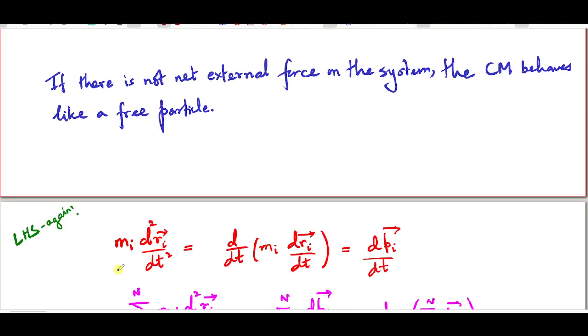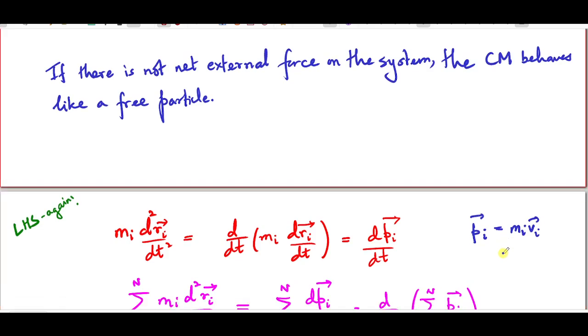For this, let us take a look at this term, mass of the ith particle times the acceleration of the ith particle. Since the mass of the ith particle does not change with time, we can simply rewrite this as d/dt of mi dri/dt, and that leads to a very well-known result, that this term is the rate of change of pi. pi, mi times vi or mi times dri/dt, is the momentum of the ith particle.